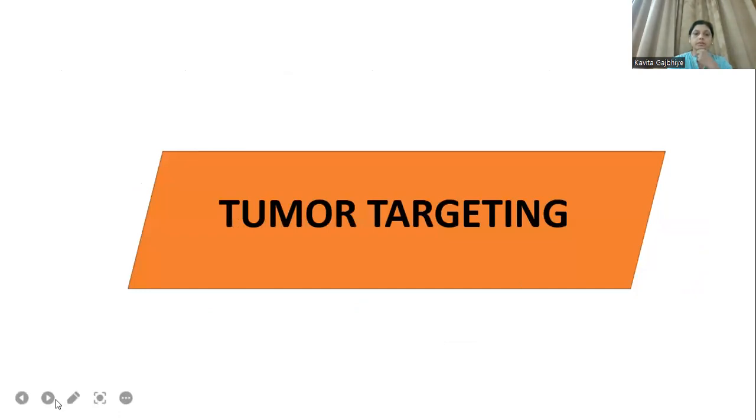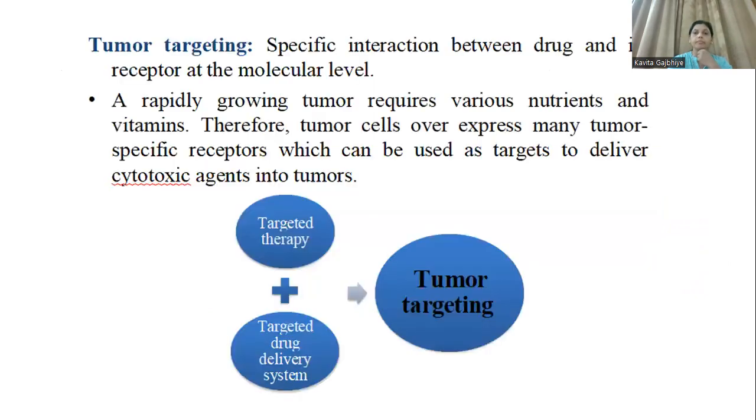So what is actually tumor targeting? Tumor targeting, we can say, is the specific interaction between the drug and its receptor at the molecular level. A rapidly growing tumor requires various kinds of nutrients and vitamins.